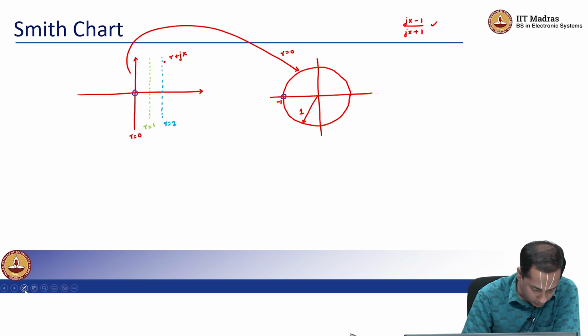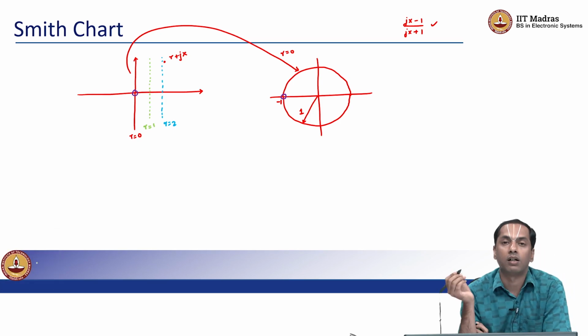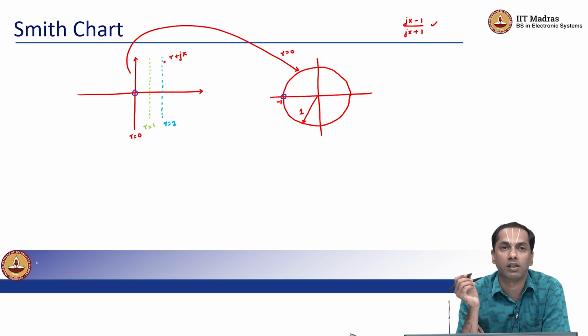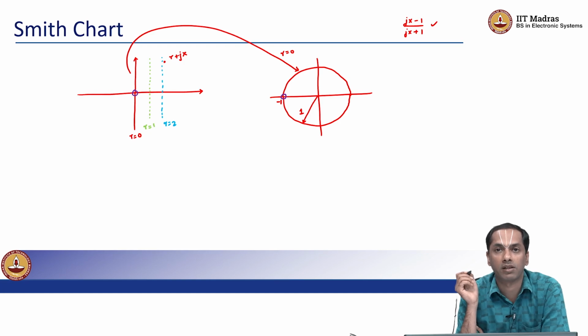Now we'll take a look at r equals 1, right? So what does r equals 1 do? Remember, r equals 1 and x equals 0 is the perfectly matched condition, right? So you have matched the load impedance to the characteristic impedance of the transmission line, in which case the reflection coefficient is 0, right?